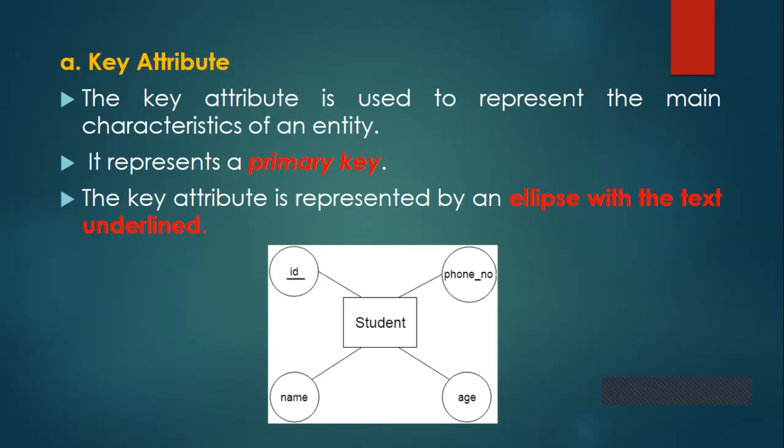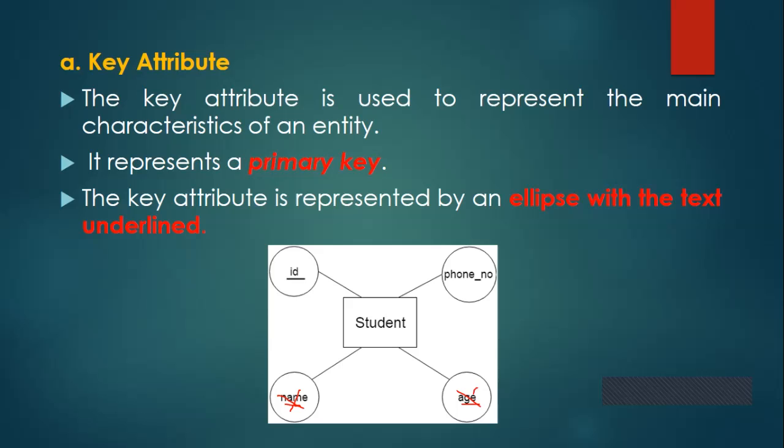Now, how can I get the detail of a particular student from these attributes? Suppose I have a phone number. With a phone number, can I identify? Because you can have a number of phone numbers. Yes, I can identify, but it will be difficult with the help of a phone number. Next, name? No. Why? Because you can have n number of students with the same name. And age? That also no. Why? Because you can have n number of students with the same age.